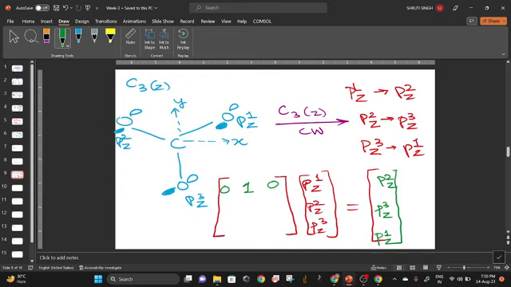So how will this PZ2 change? PZ2 is becoming PZ3. So you know this column is for pz1, this column is for pz2, this column is for pz3. Now here also, similarly, this is after transformation. The columns are representing after transformation and the rows are representing before transformation.